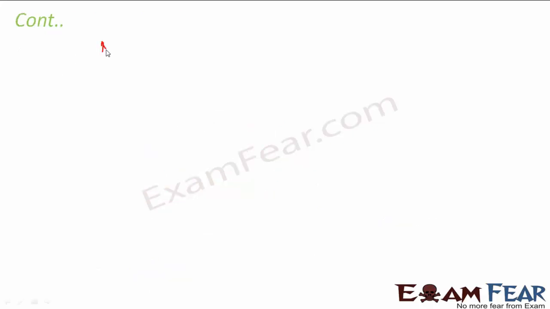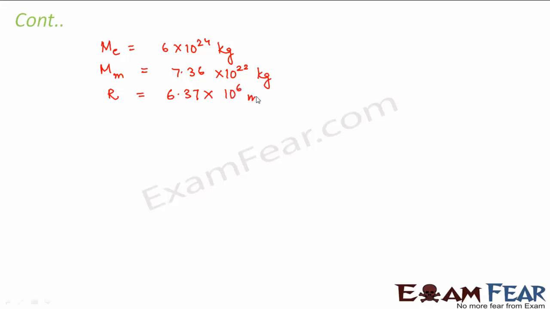So now we know that mass of the earth is equal to 6 into 10 to the power 24 kgs, whereas mass of the moon is equal to 7.36 into 10 to the power 22 kgs. Radius of the earth is equal to 6.37 into 10 to the power 6 meters, and radius of the moon is equal to 1.74 into 10 to the power 6 meters, right?